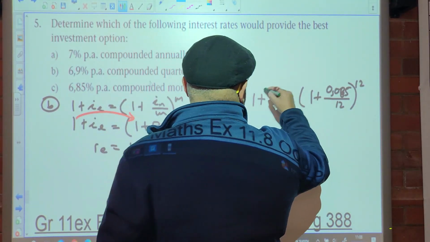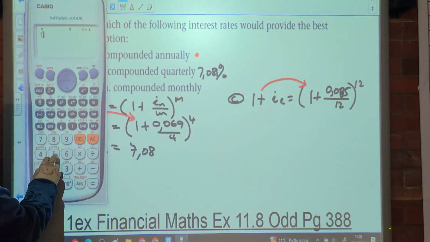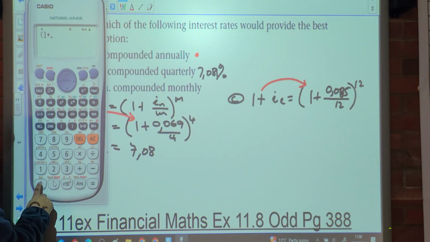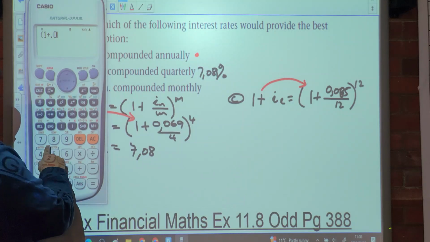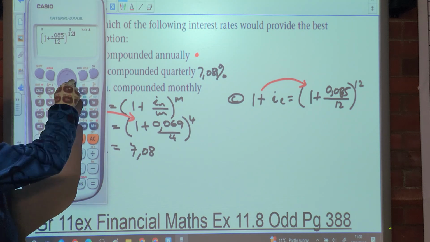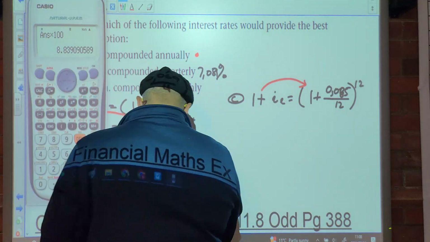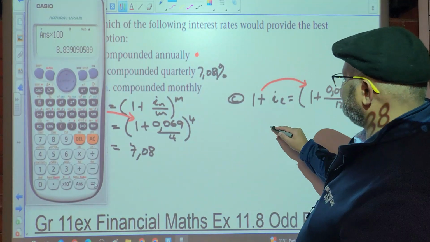What I'm going to do is I'm going to work it out, then minus 1, then multiply it by 100. So open brackets, 1 plus 0,085 over 12 to the exponent 12 minus 1. Multiplied by 100 gives me 8 comma.